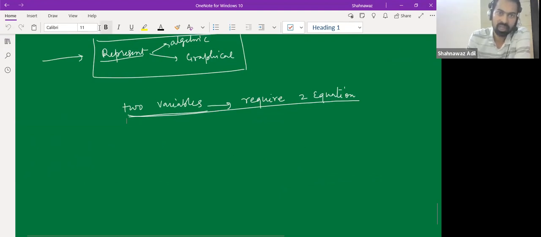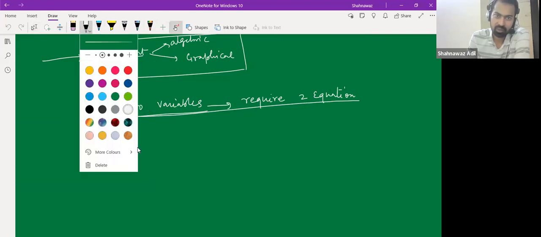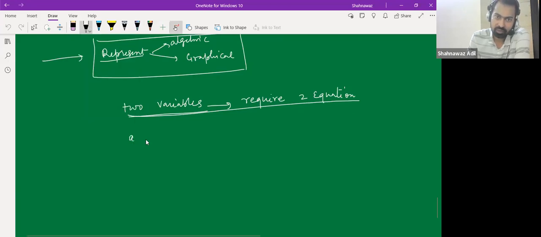So what would be the general form of those two equations? One would be this one, and the other one is this one, right?